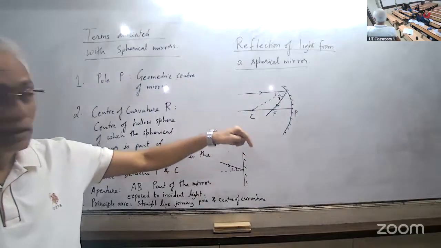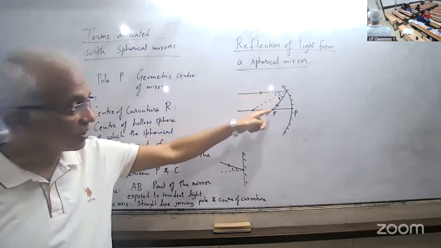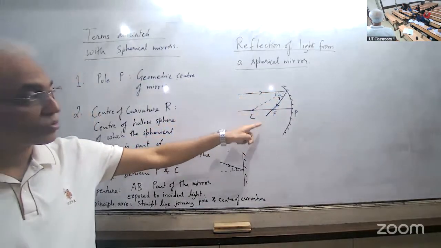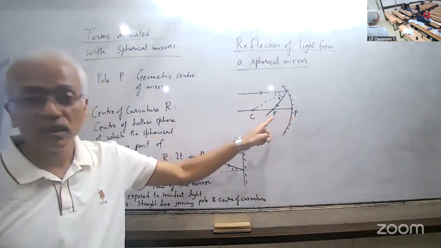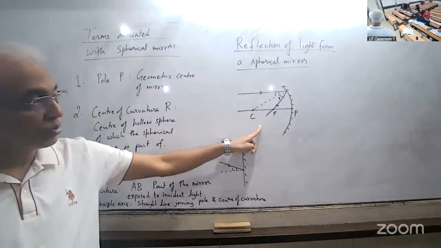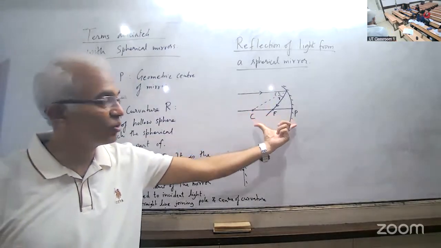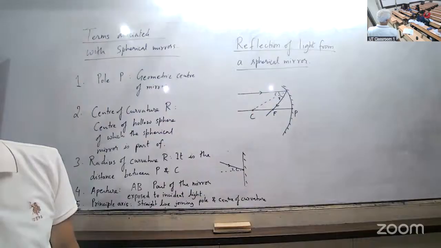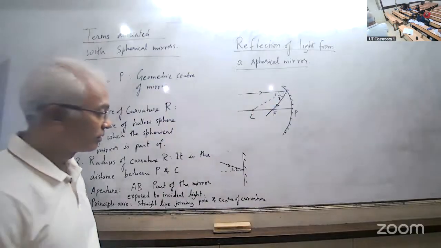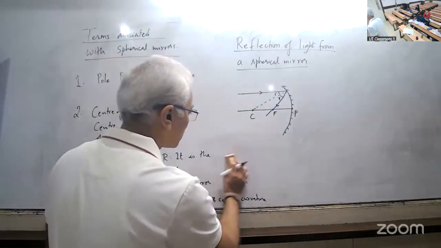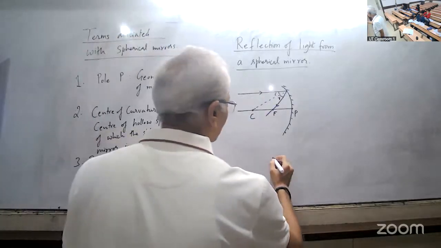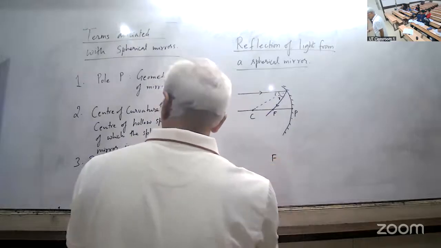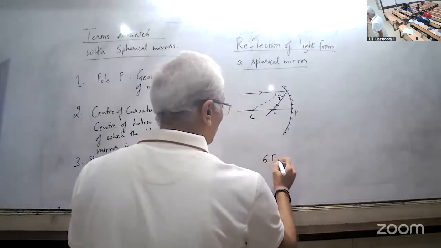Okay? जब भी हम इंसिडेंट रे का रिफ्लेक्टेड रे बनाते हैं, so the ray actually intersects C and P at a point which is midpoint of CP. So F is called focus. So the sixth term is focus.